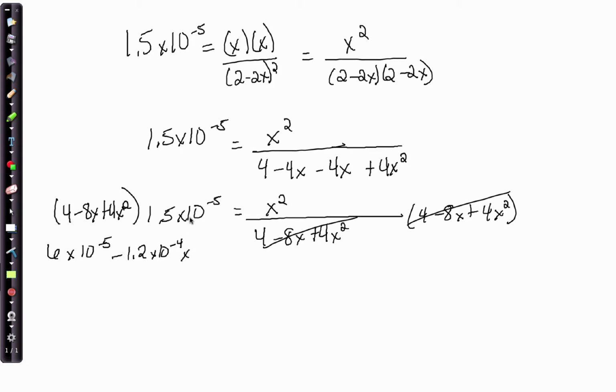And then 1.5 times 4 x squared would give me 6 times 10 to the negative fifth x squared. And that's equal to x squared. Now I'm going to move this onto the other side because remember, overall it needs to equal 0. So I'm going to subtract this out.